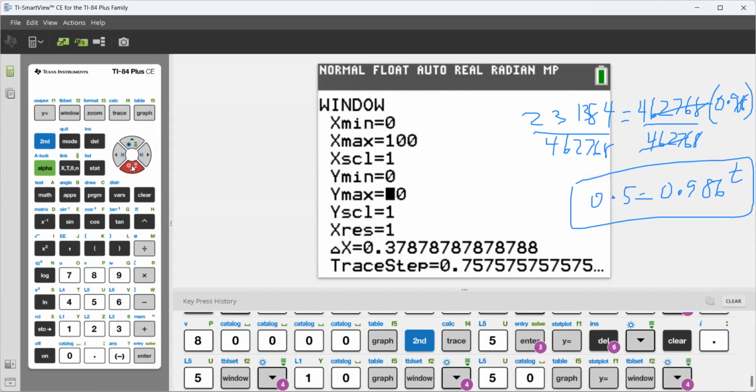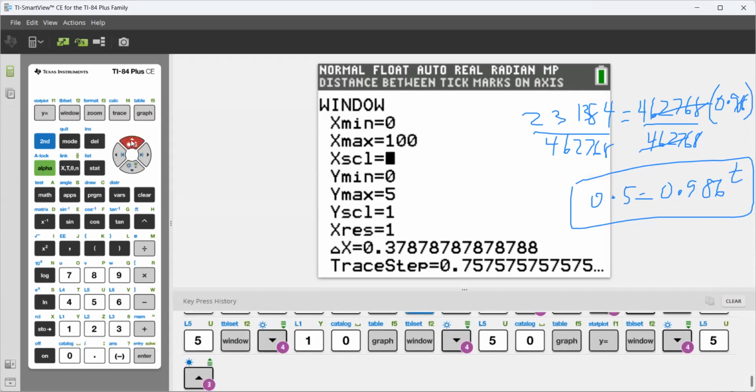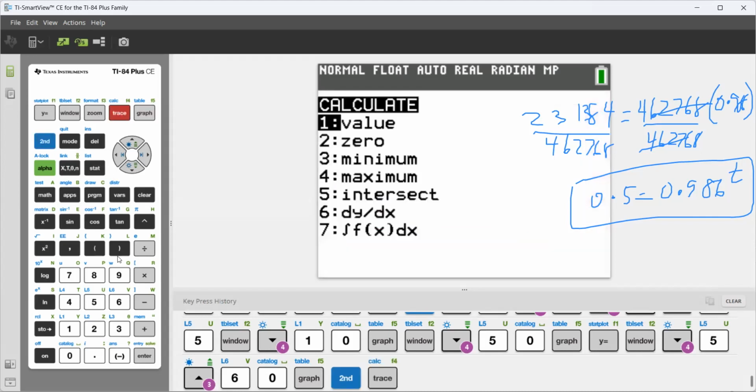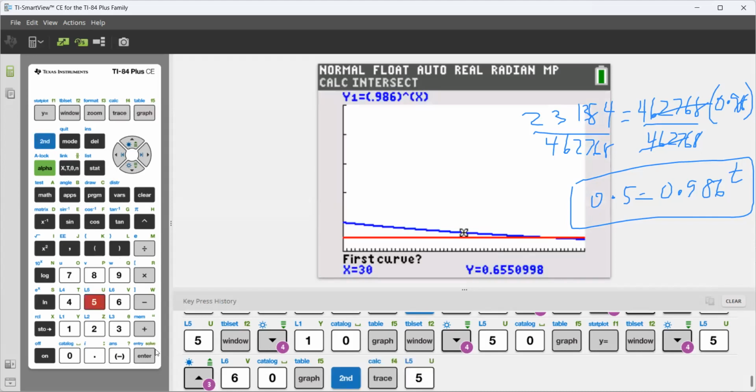So we do 5 here, we do 60 here. Yep, now it's getting better, right? So at this point, you could just do second trace, and then 5, enter, enter, enter. Yep, and then you get your same value. Okay, so that is another way to do this as well.